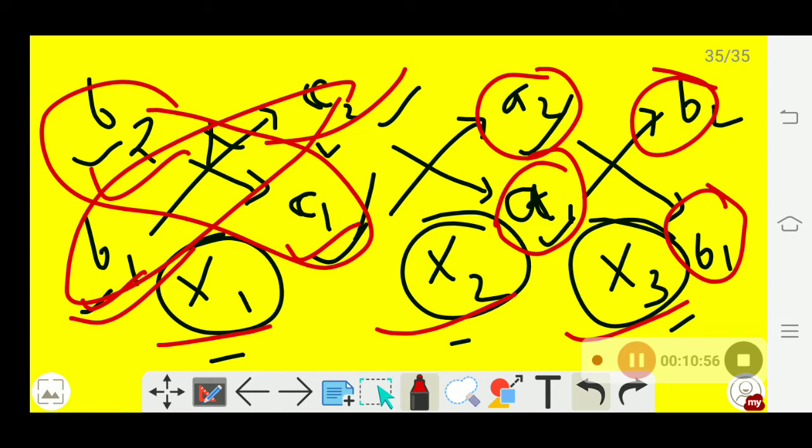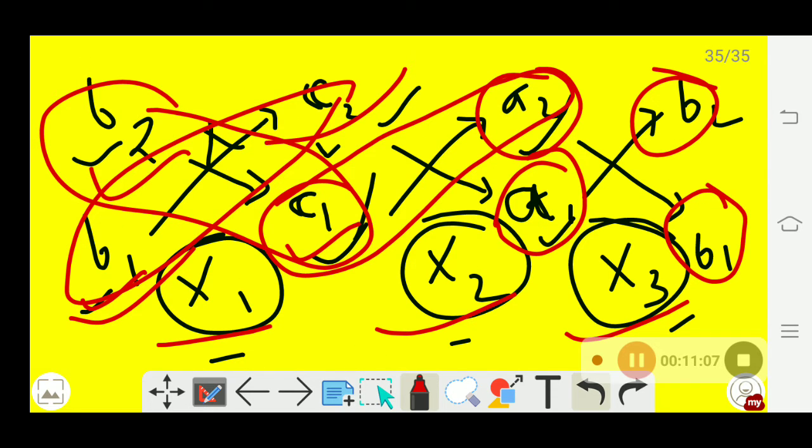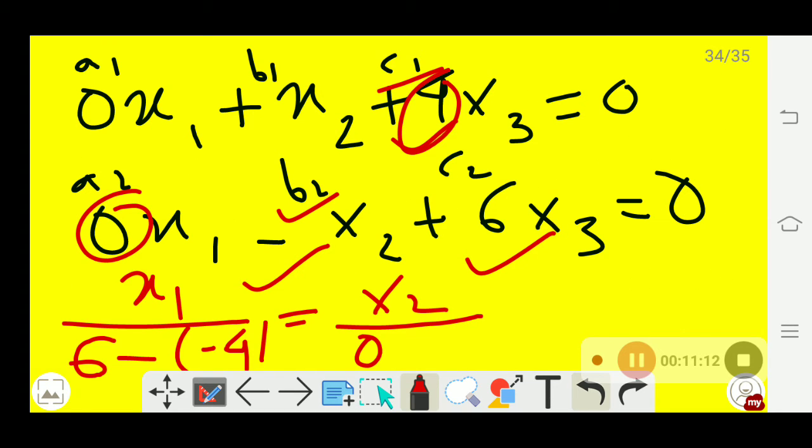And again, if you take c1 into a2, you get 0. c2 into a1, 0.